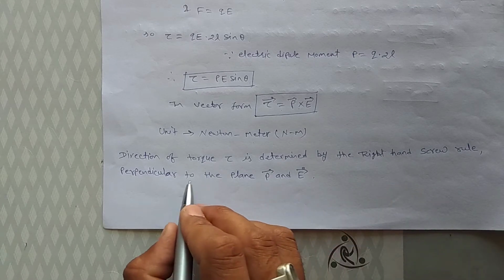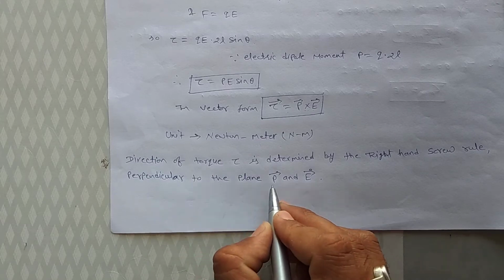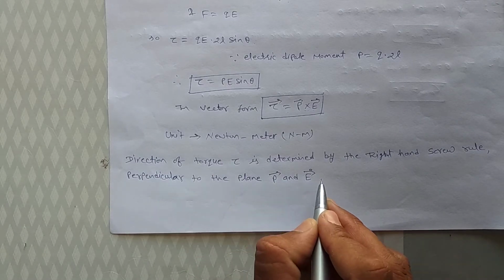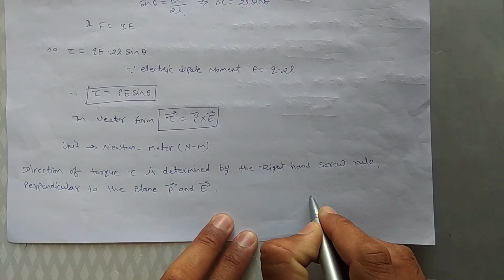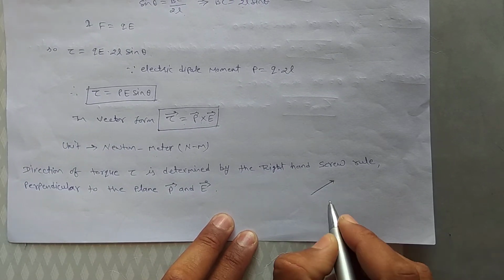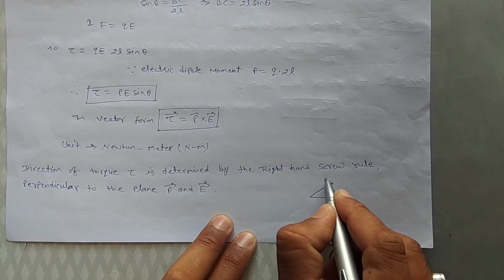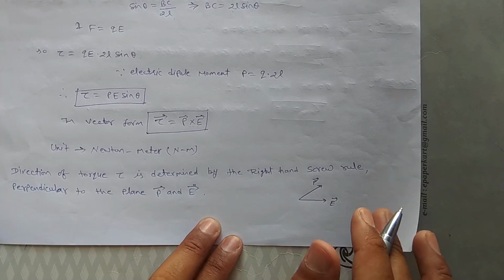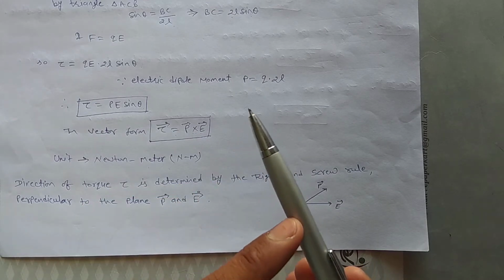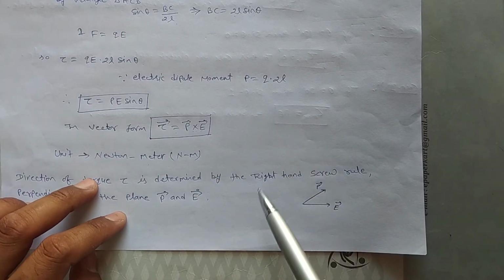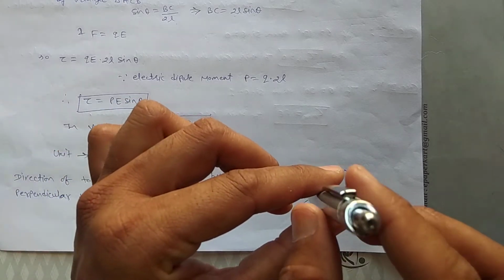From this rule we find the direction of torque is perpendicular to the plane of P vector and E vector. Suppose this direction is the P vector and this direction is the E vector. Suppose this is a right hand screw, and we rotate it from P to E like this.